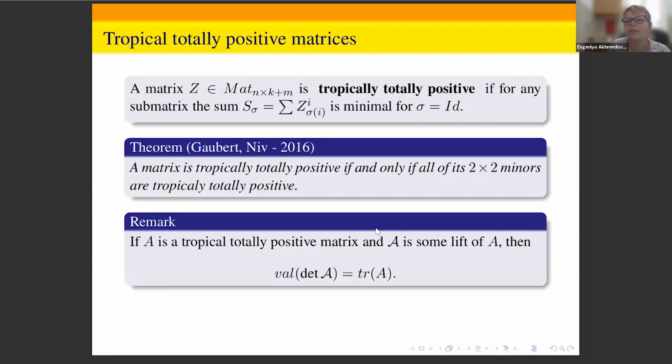So we need a bit more requirements on the matrix Z than we had in the regular case. Normally you want the matrix Z to have all its maximal minors positive.